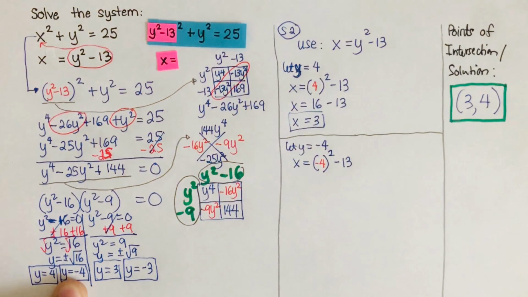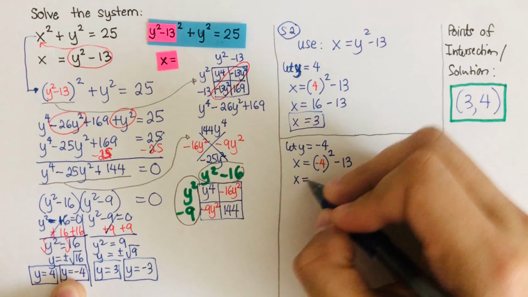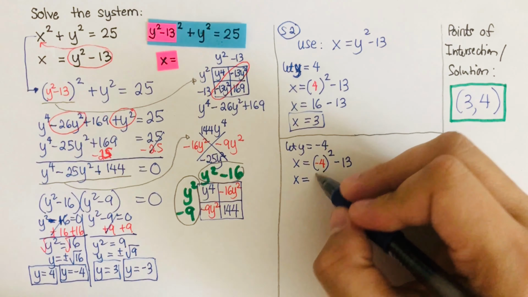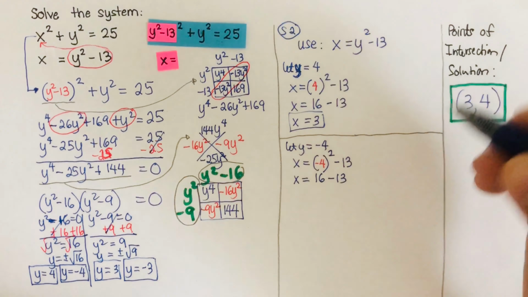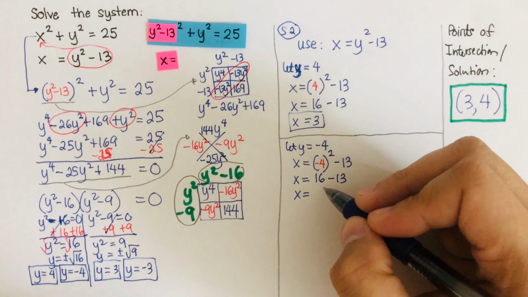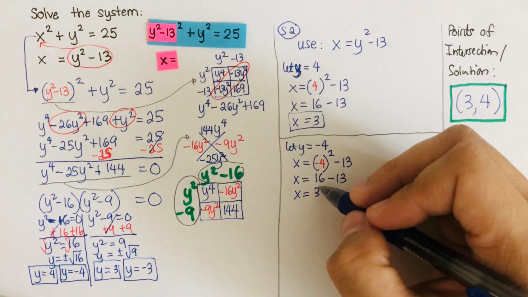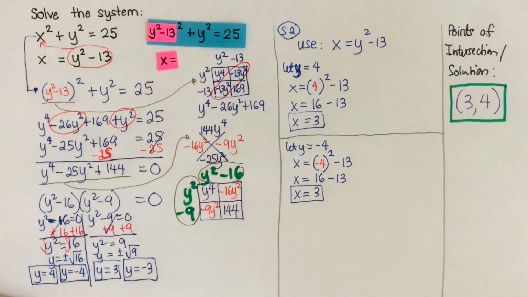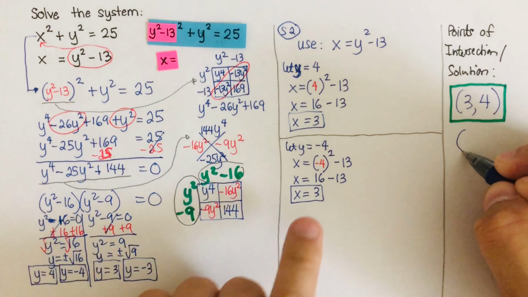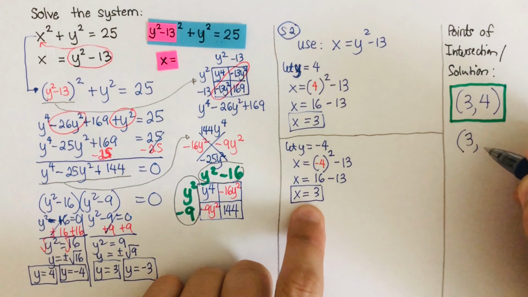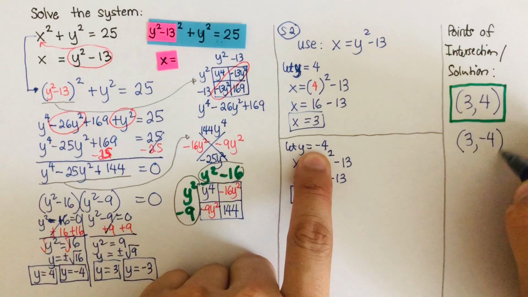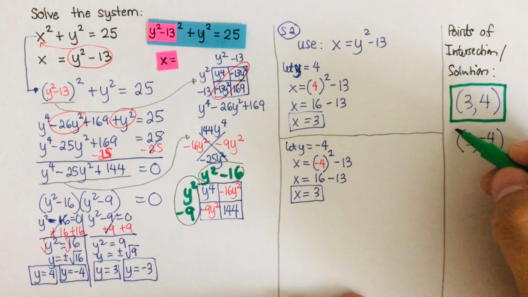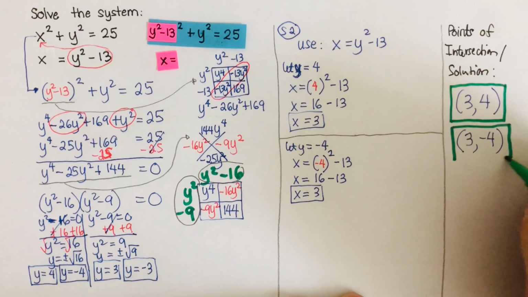So I put a negative 4 there. So that is x is equal to negative 4 times negative 4 is 16 minus 13. So our x is positive 3. So then this is the second value for x. So I can go ahead and write that over here. So if our x is 3, the y was negative 4. So this is the second point of intersection.